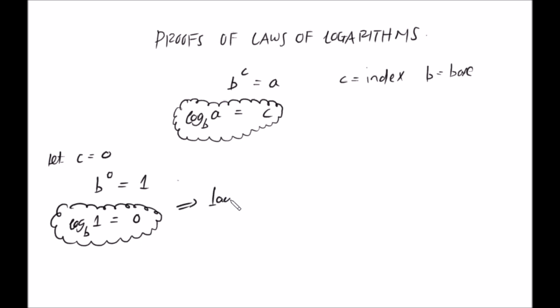Hii tuite law 1. Ina state kwamba the logarithm of a unit is 0. Kwa log ya moja ni 0, haijalishi base ni ngapi. Hii ndo law ya kwanza ya logarithm.